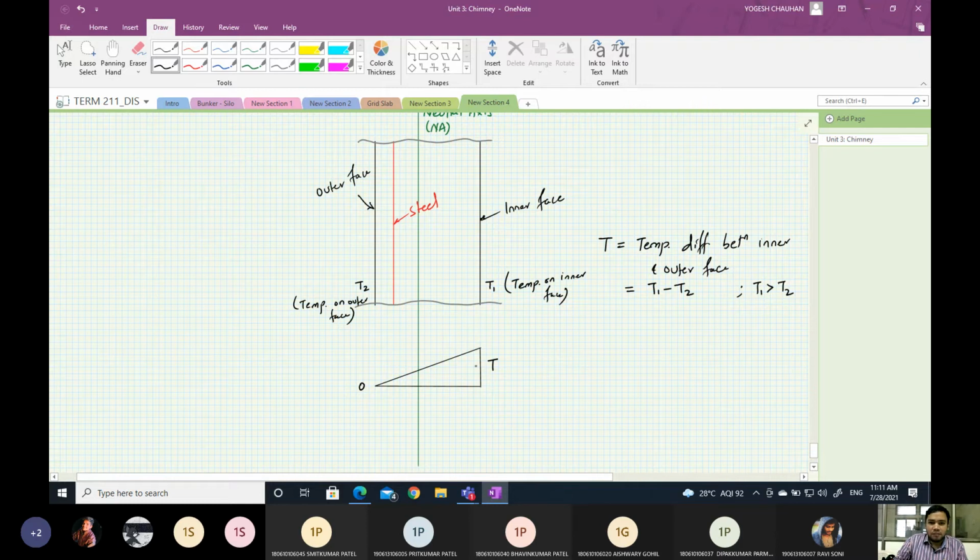But we are interested in the temperature difference only. So let T be the temperature on the inner face and 0 be the temperature on the outer face, and this variation is a linear variation.